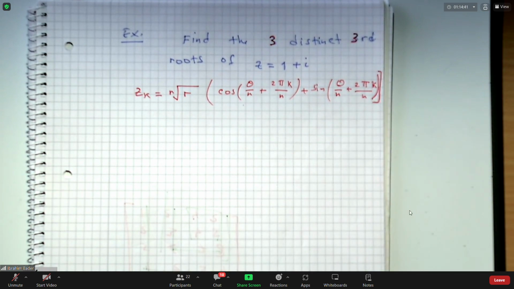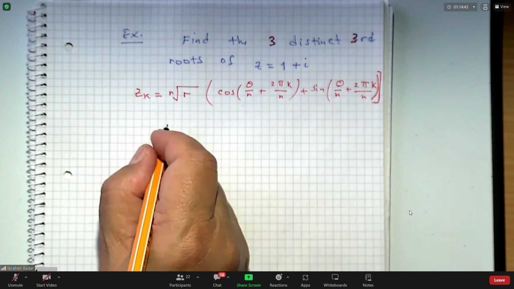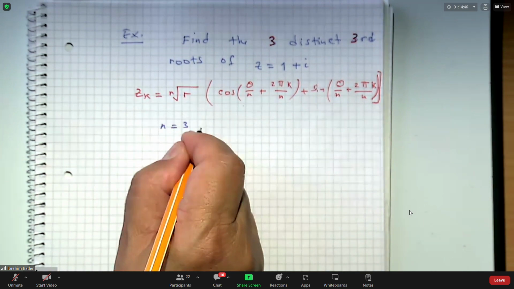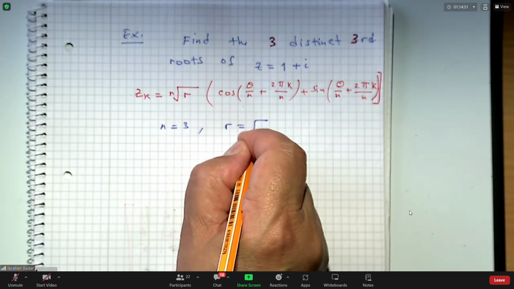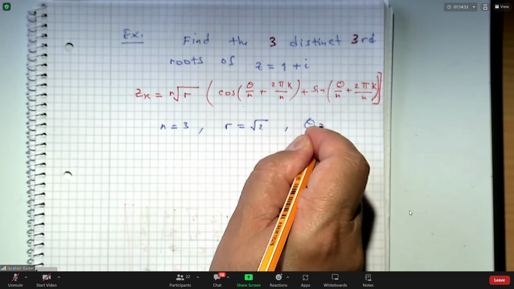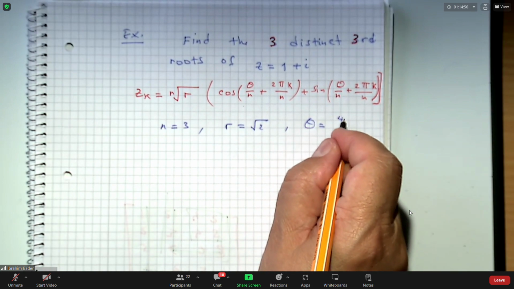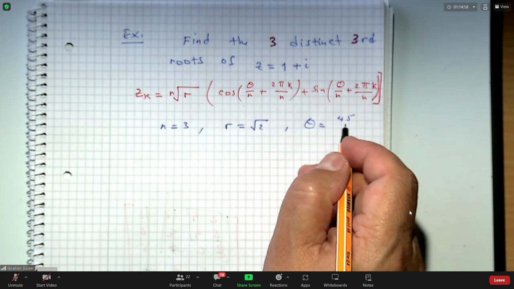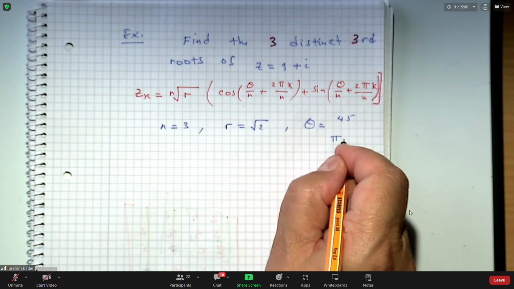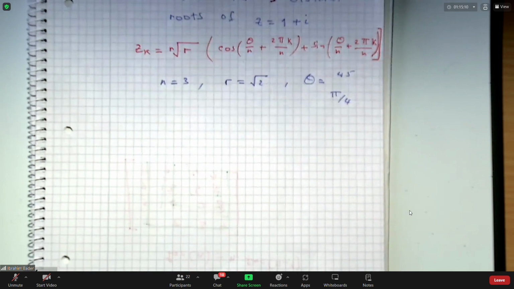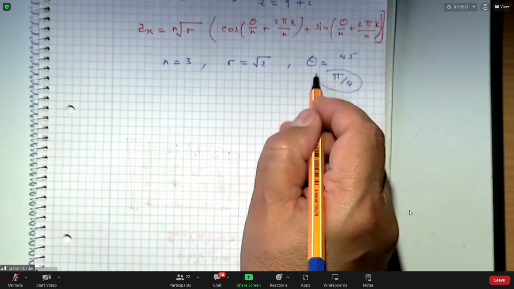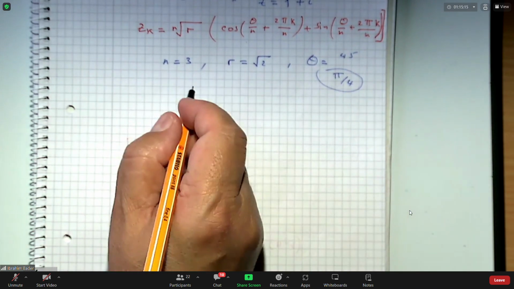Now in this example, n equals 3. We evaluated r in the previous step as square root of 2, and we evaluated theta as 45 degrees or pi over 4. Let's take pi over 4 here, maybe it's easier. And here n equals 3.